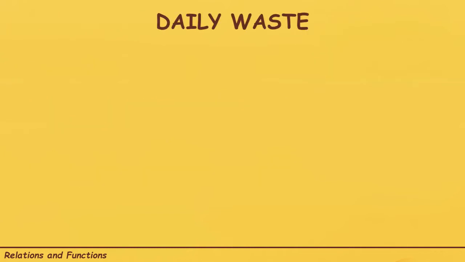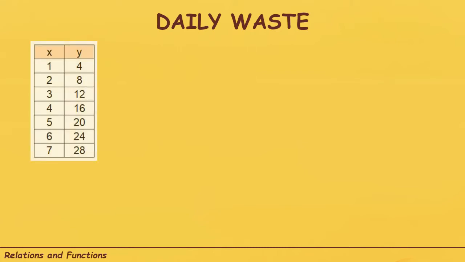Our problem is about daily waste and let us now complete the table. This is the table form of our problem. X, Y. So sa X, meron tayong 1, 2, 3, 4, 5, 6, and 7. Sa Y naman, meron tayong 4, 8, 12, 16, 20, 24, 28.